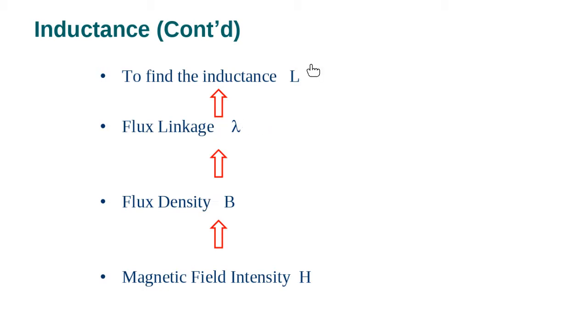And then we get the inductance. If you read the textbook, you will see the order like this: magnetic field intensity, then the flux density, because of the cross-sectional area of the conductor, and then the flux linkage between conductors, lambda. Then from the flux linkage, we can determine the inductance.